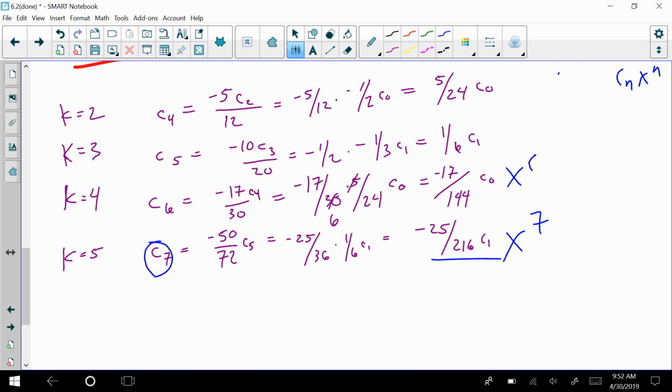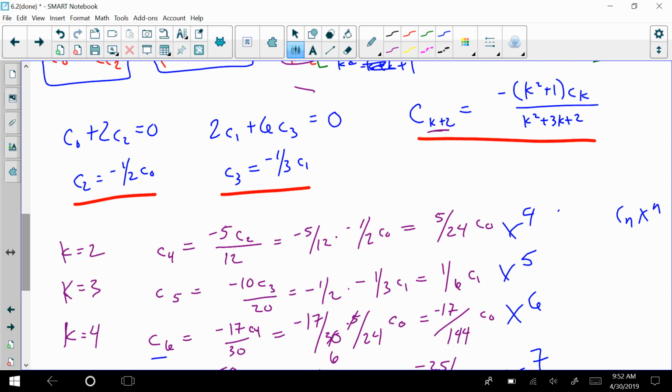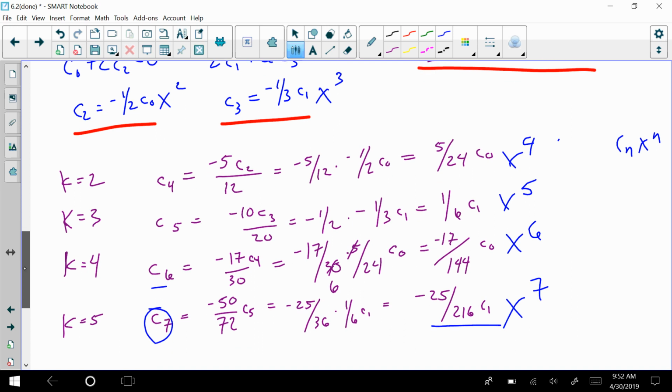This one is x to the 6th, this one's x to the 5th, x to the 4th, and so on. This one would be x to the 3rd, and this one's x squared. So I don't have an x or an x to the 0.